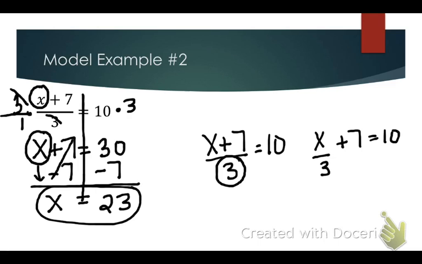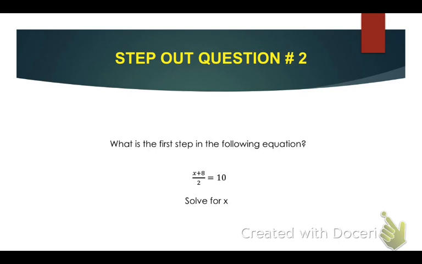In this case, 3 is the denominator in x divided by 3. So I can just go ahead and worry about the 7 first in this equation. So if you look at this problem and you were to solve for x, which I would like for you to do, could you also write down what is the first step in this problem?